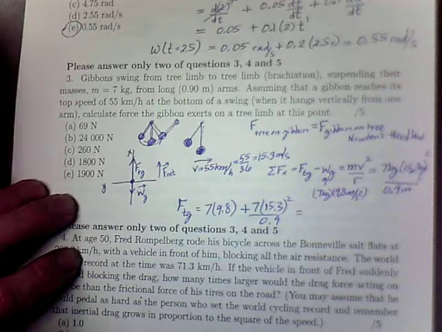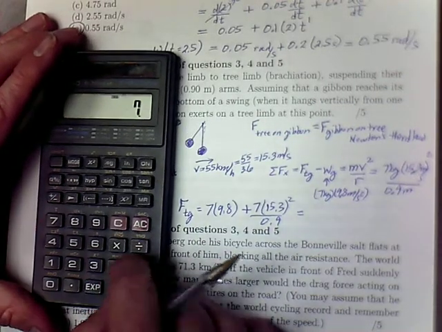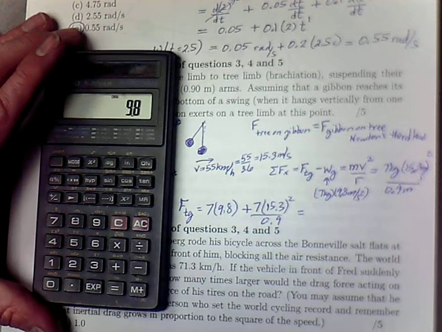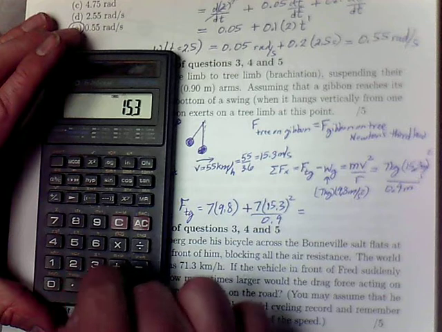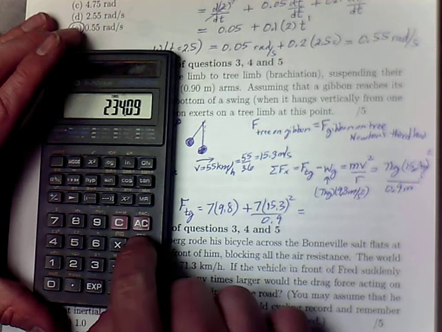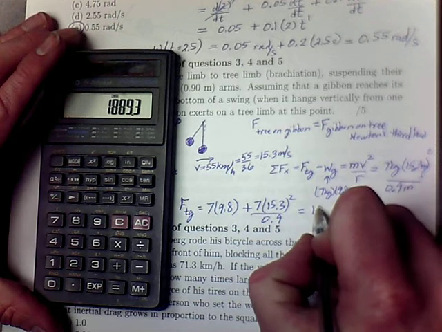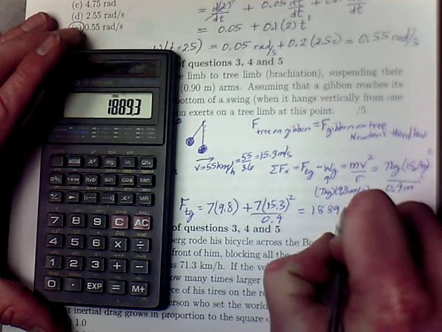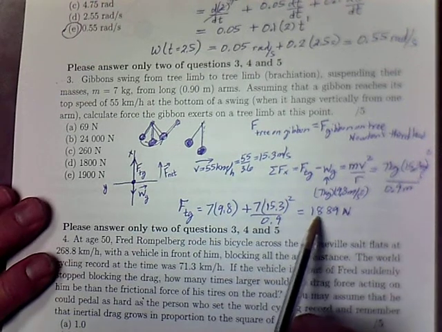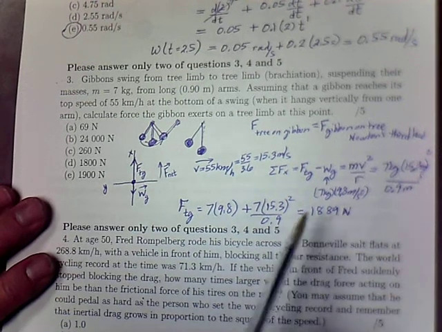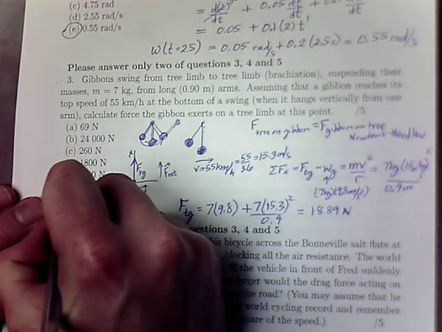And those are all in SI units, so we bring back in our calculator. 7 times 9.8 plus 7 times 15.3 squared divided by 0.9 equals, and this comes to 1889 newtons. And then we look at our answers, and 1889 to two significant figures rounds up to 1900 newtons.